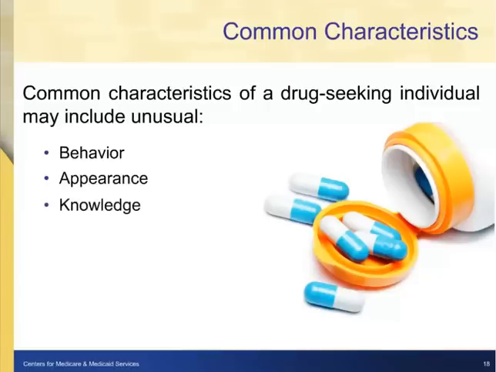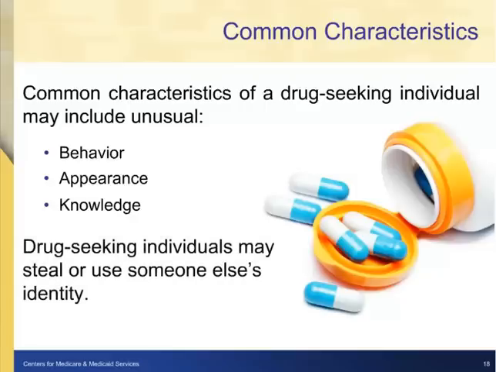The individual may have a large knowledge base about controlled substances, may request drugs such as methadone, morphine, hydrocodone, oxycodone, or fentanyl, may claim that non-narcotic analgesics are ineffective, or may appear to have or give a vague medical history. Drug-seeking individuals may also steal prescription pads or use someone else's identity. Identity theft can be that of a provider to forge a prescription or of a patient to use another person's insurance card.